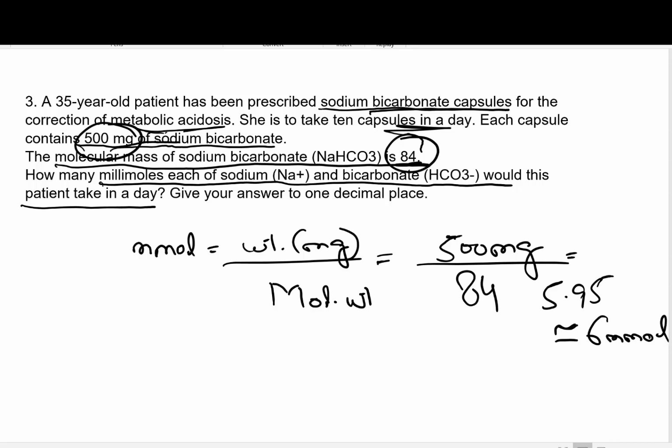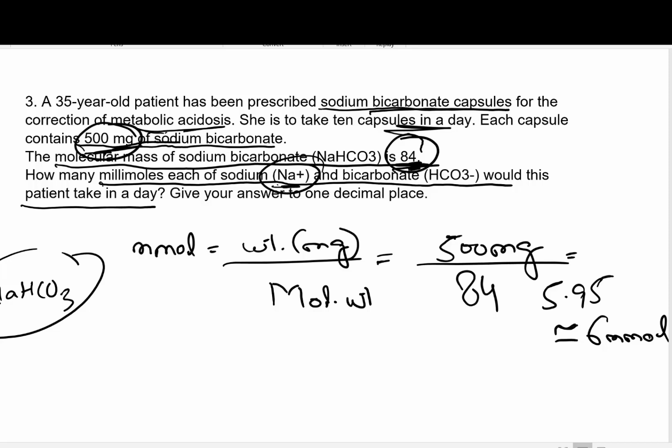There is one thing you need to note here: the question is asking about how many millimoles of sodium, but we have worked out for sodium bicarbonate. This 500 milligrams is of sodium bicarbonate, molecular weight of sodium bicarbonate, but the question is asking about sodium.